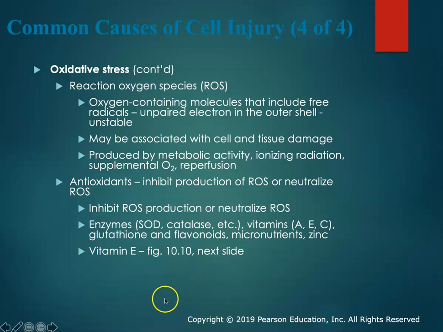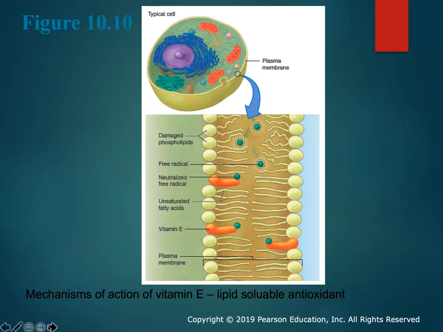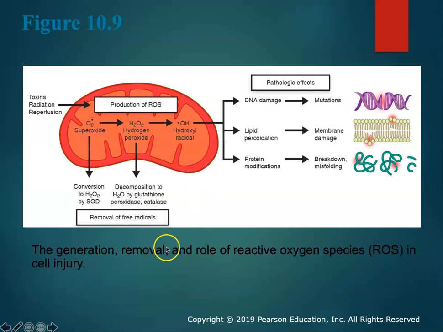So if we look at figure 10.10, it's not the next slide, it's the slide after that. Let's first look at 10.9. So this is showing you a little bit more detail in terms of these reactive oxygen species.